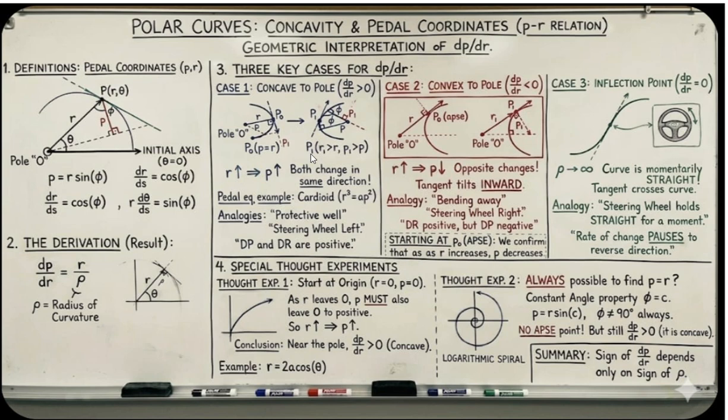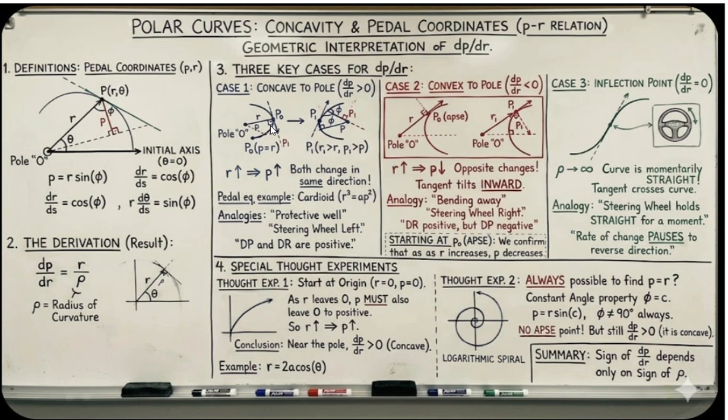But in the case of a concave curve, what happens actually? The curve is concave to the pole. In this case, what is the condition? We have to derive it. We initially choose the point p0 where p is equal to r, that is, the perpendicular length equals r, and let us assume the angle between the radius vector and the tangent is such that they are equal.